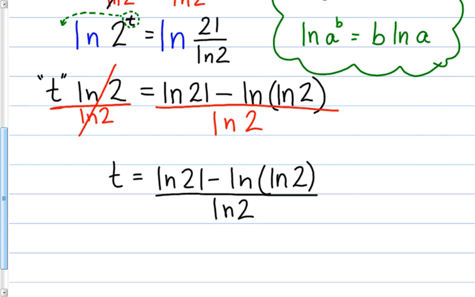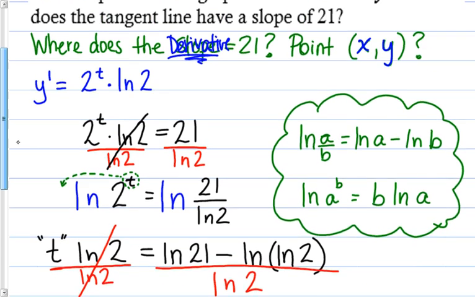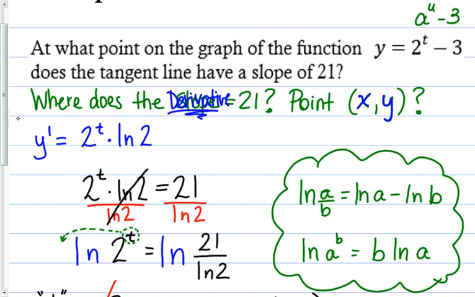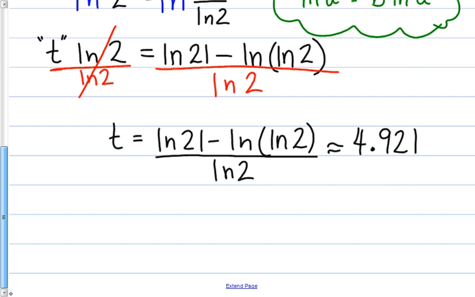And you would plop this into your calculator and you would get a decimal that looks like this. And that is t. I need a point. The whole purpose of this problem was to get a point, an x and a y. I guess I should have said t and a y, because they did use the letter t. So my t is 4.921.